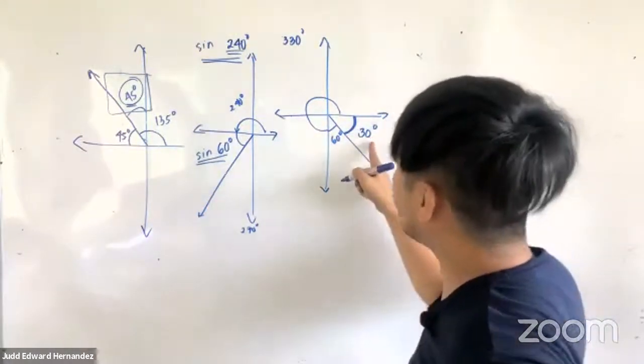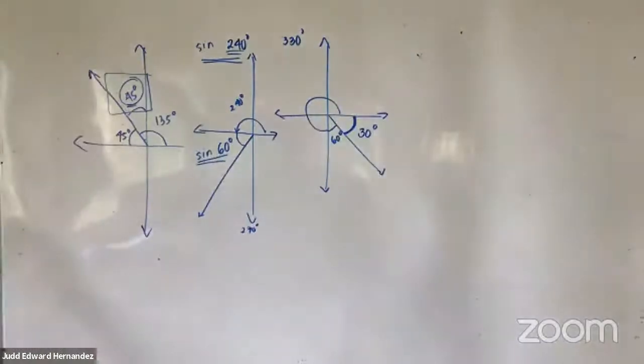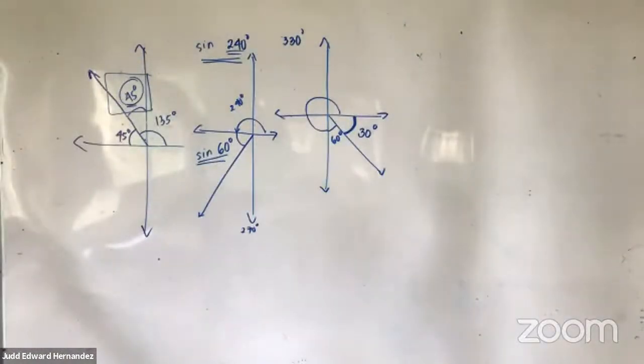Therefore, the reference angle of 330 is 30 degrees. So, i-discuss ko na sa inyo yung table of sines para mamaya ay hindi na kayo malito. Para magets nyo din na kapag pala 330 degrees, equal lang siya sa 30 degrees. But then, mababago lang yung signs.